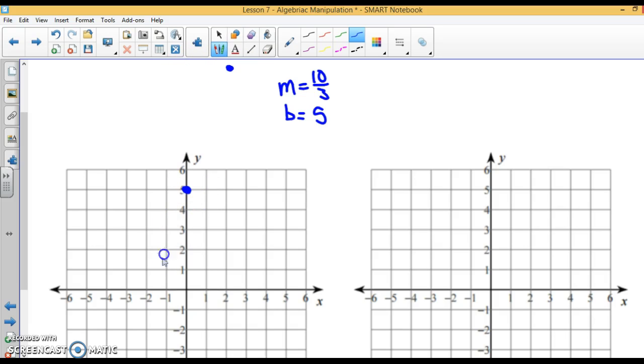There's going to be my line. I'm going to find the coordinates of this point, though. If I go up 10 from 5, up 10 will give me 15 in the y-coordinate. And right 3 will make my x 3. So that would be the point 3, 15.